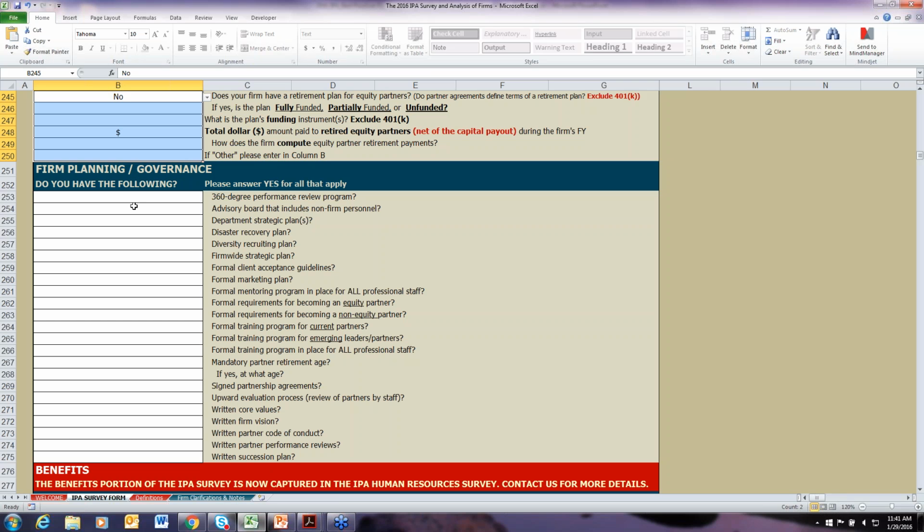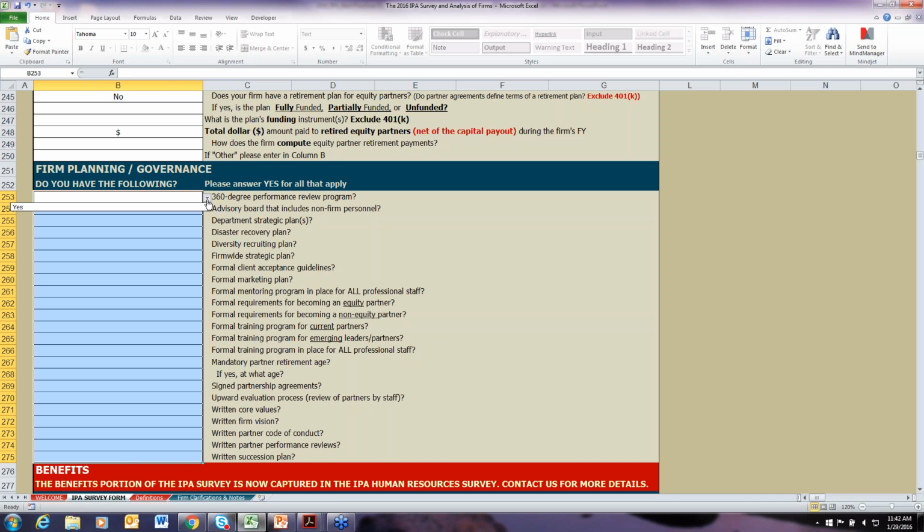Rows 251 to 275 are focused on firm planning and governance. This section provides a snapshot of the tools of planning and governance used in the firm. Please select yes in the drop-down menus if you have any of these tools in place in the firm.